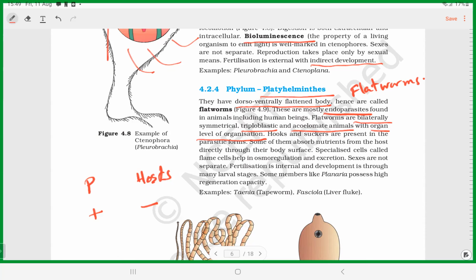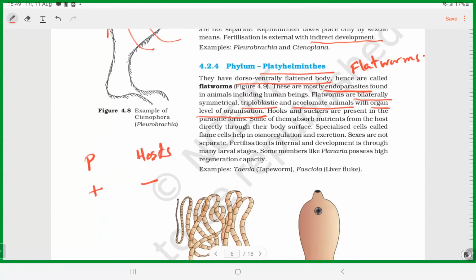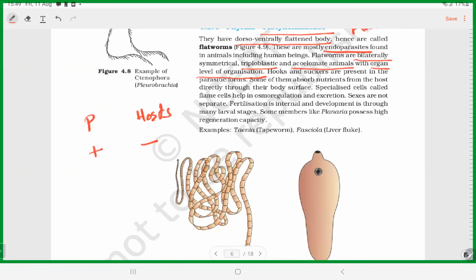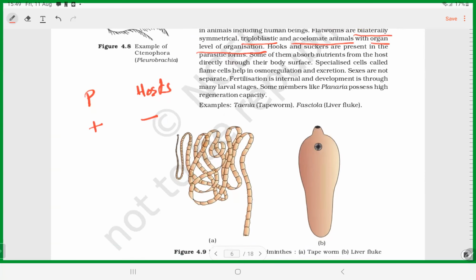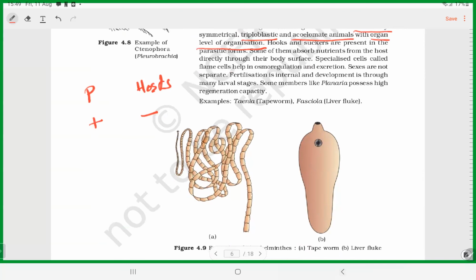Now look at the body organization, the general characteristics. They possess hooks and suckers. What is the function of these hooks? Hooks and suckers help to attach themselves to the host, like in the head region you can see the hooks and other structures.